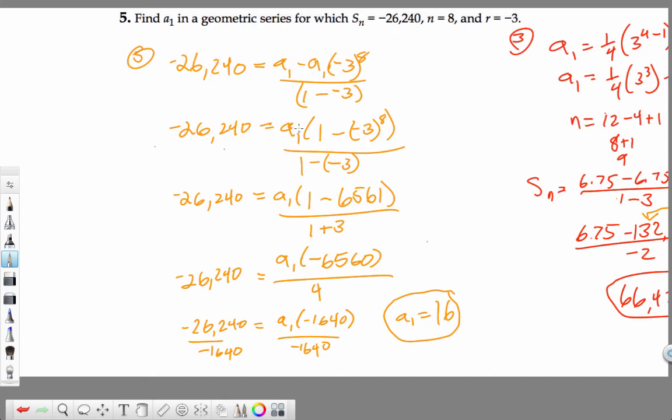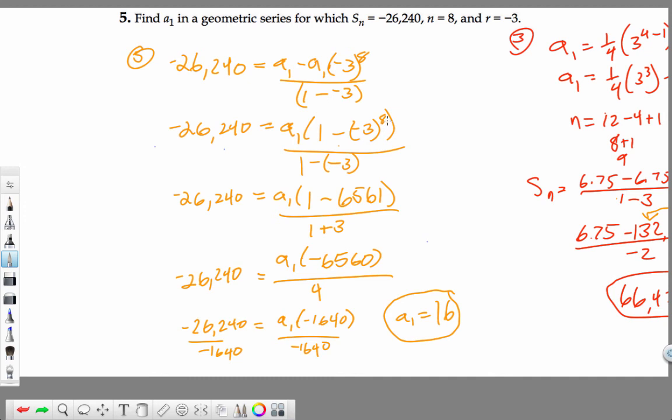I factored out the A1 here. But because of -3 raised to the 8th, I have to do that first and then 1 minus whatever that is. And because that becomes a positive, it's really 1 minus 6,561. Do not change this to a plus here, or else you're going to end up getting the wrong answer.